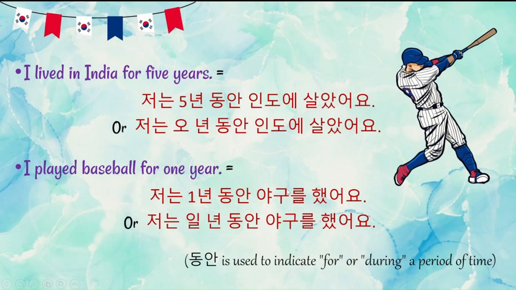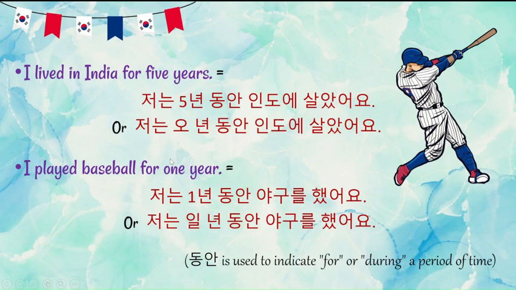First one is, I lived in India for 5 years. 저는 5년 동안 인도에 살았어요. Very easy. India is 인도 and to live is 살다. Past tense 살았어요. And for 5 years, 5년 동안.